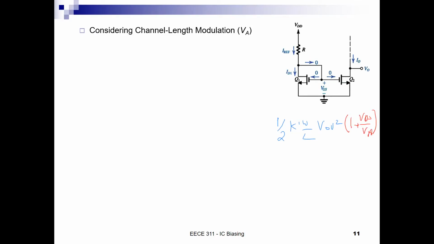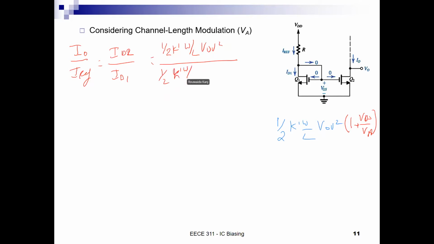So if we recall the ratio that we had before, IO over I reference was equal to ID2 over ID1, and this had the half K prime W by L VOV squared over the same half K prime W by L VOV squared, right?